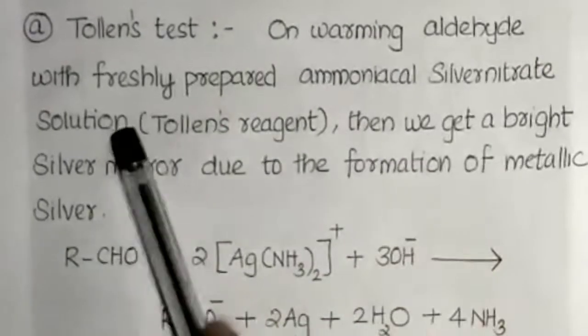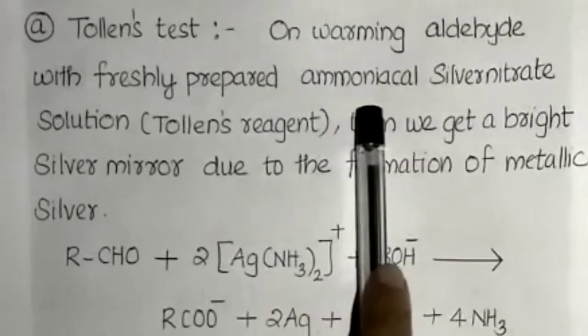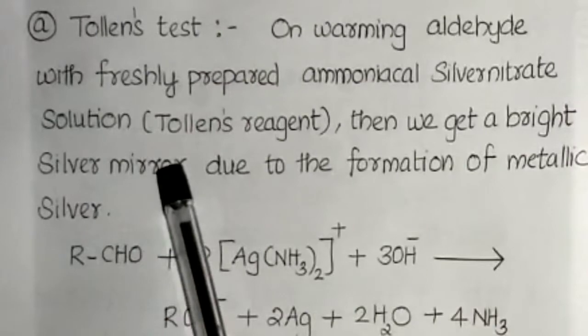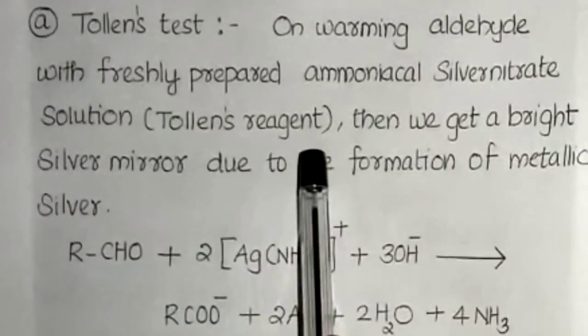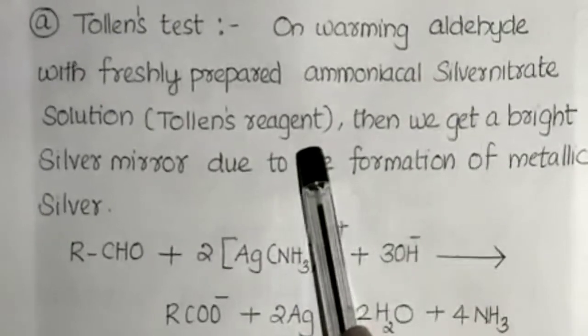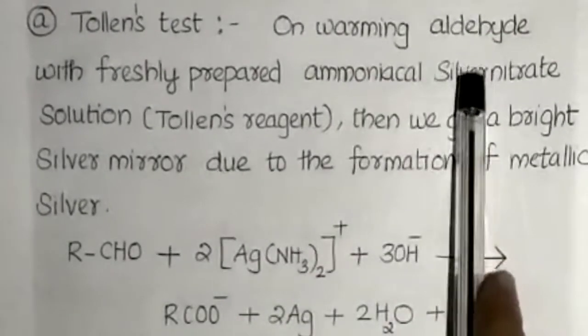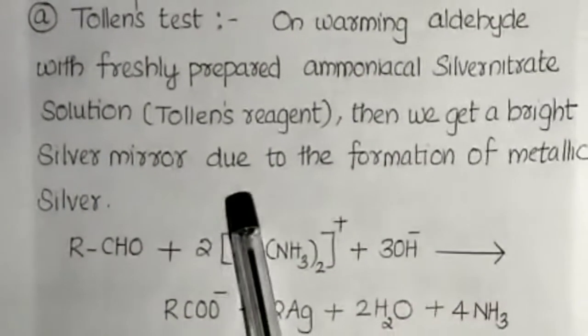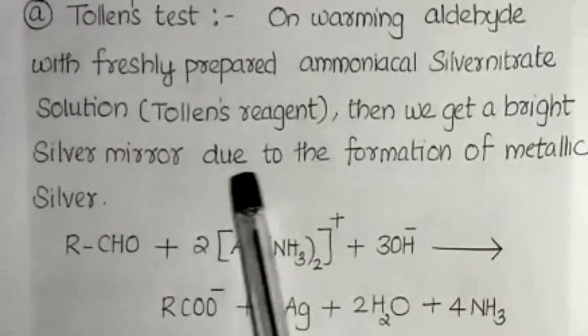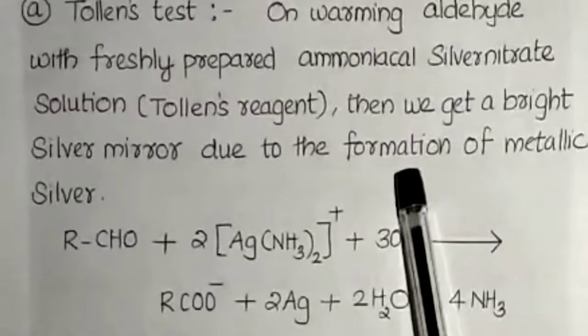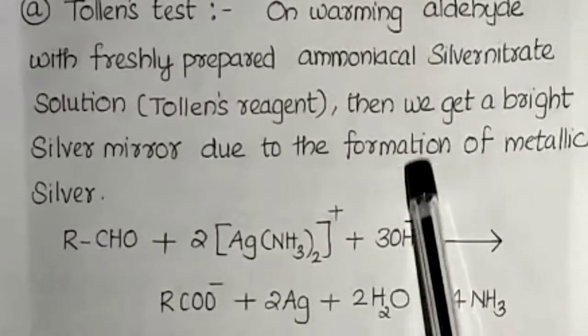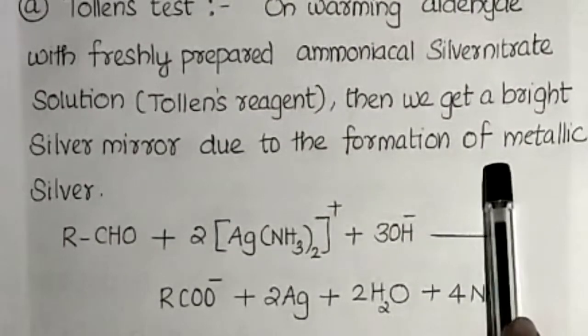On warming aldehydes with freshly prepared ammoniacal silver nitrate solution, known as Tollens reagent, we get a bright silver mirror on the inner wall of the test tube due to the formation of metallic silver. So from this test we can identify it is an aldehyde.